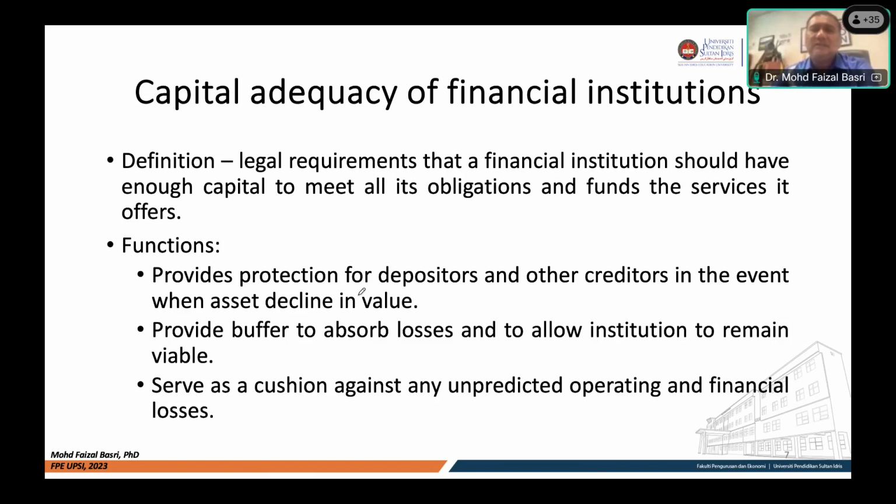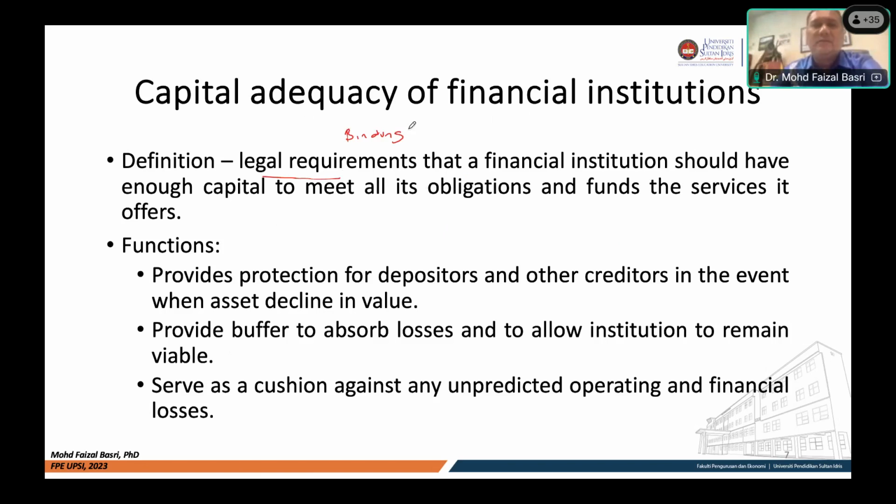So this is already discussed in the previous slide. Okay, so this is a legal requirement. And when we talk about legal requirements, this would be binding. Okay, so all financial institutions have to oblige with these requirements. And obviously, Bank Negara will revise and also update the relevant requirements from time to time.